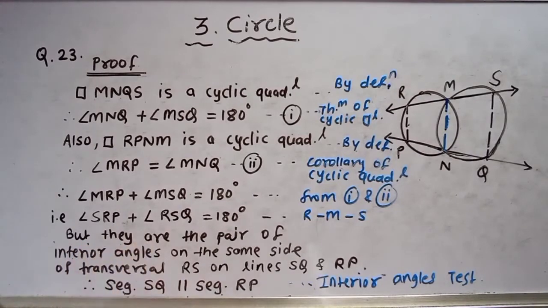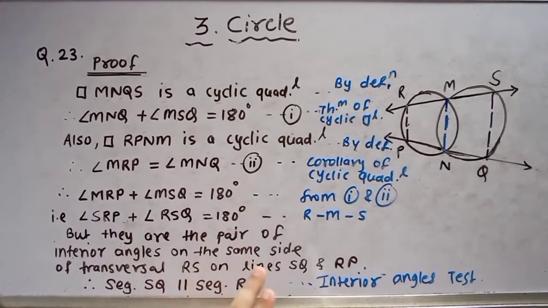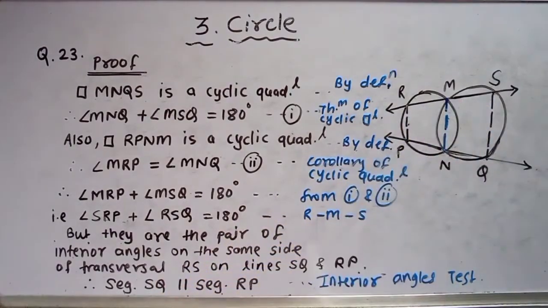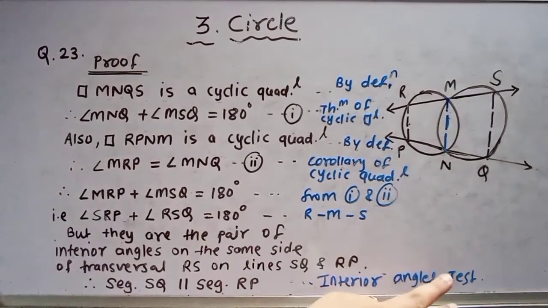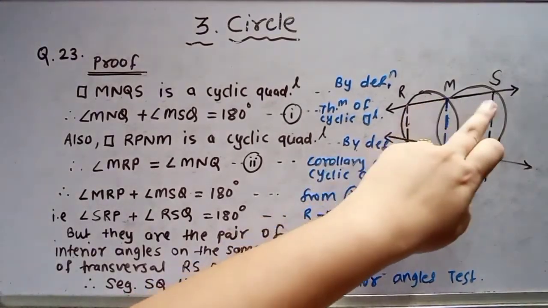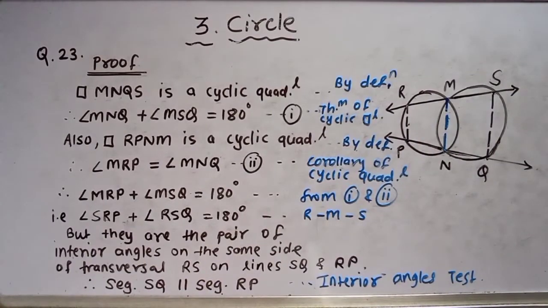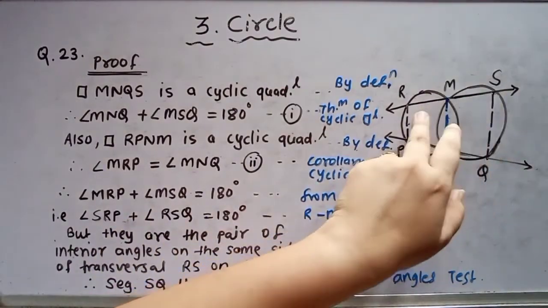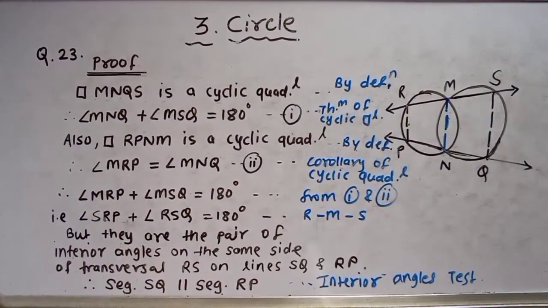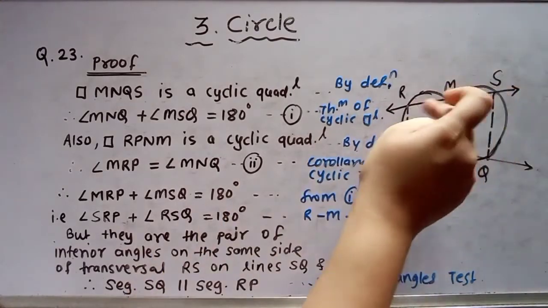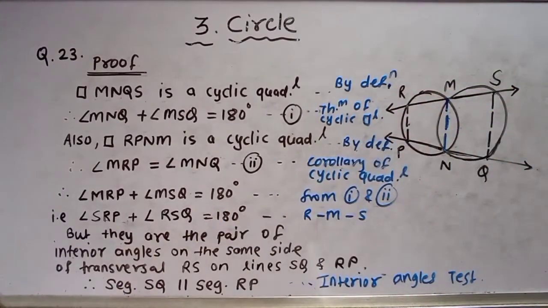Therefore, by the interior angles test, I can say segment SQ is parallel to segment RP, because we are getting the pair of interior angles that is supplementary. So we can use the interior angles test here so that we can prove these two segments, segment SQ and RP, are parallel to each other. Are you getting this, class? So this is that much simple. You have to write this proof in your notebook.